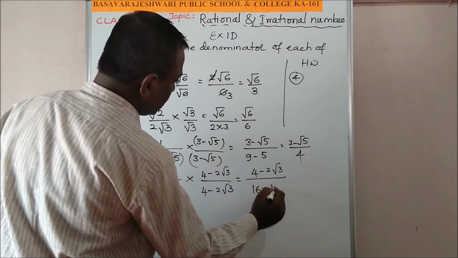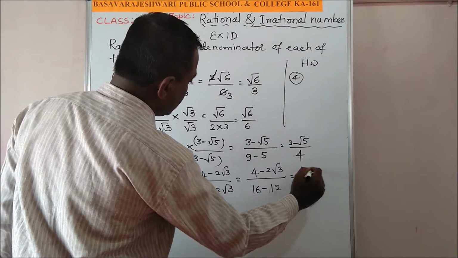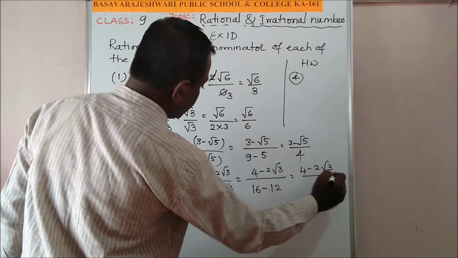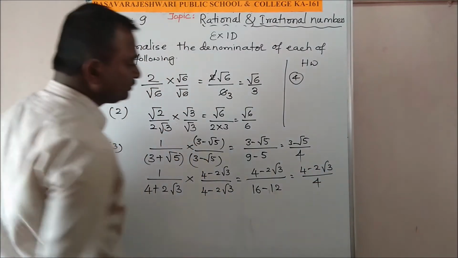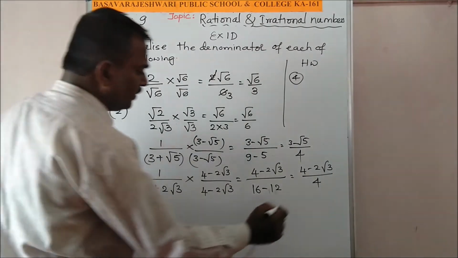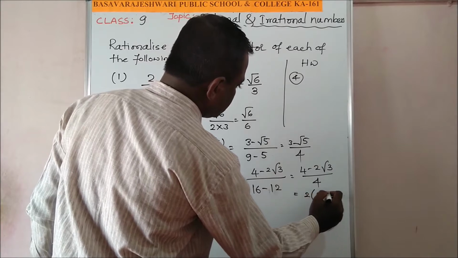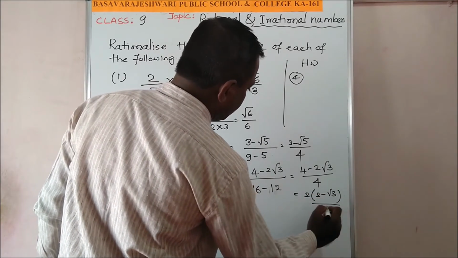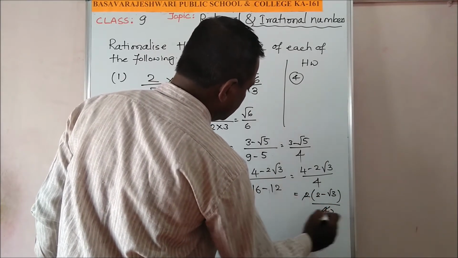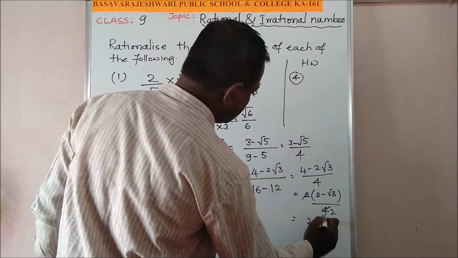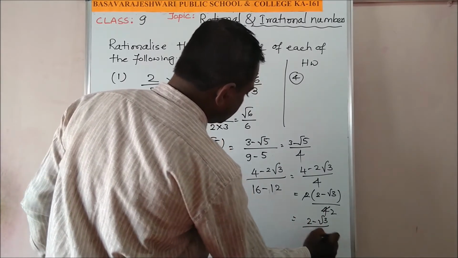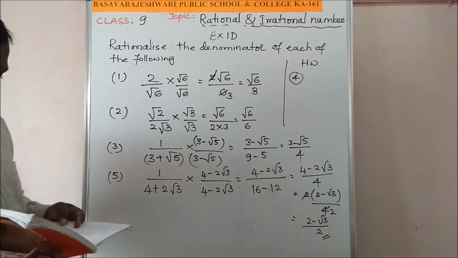Isn't it? So that is 4 minus 2 root 3 by 4. Still we can simplify, 2 common. 2 minus root 3 by 2. 2 ones, 2 twos, so 2 minus root 3 by 2.